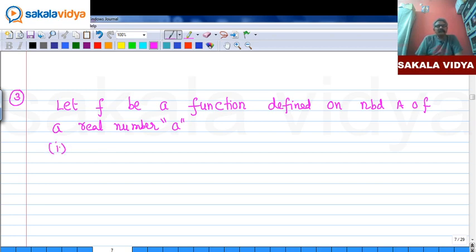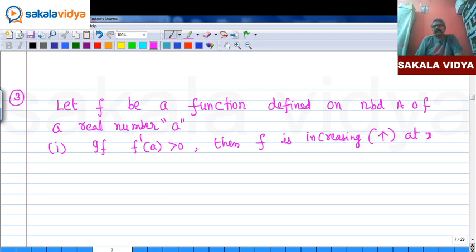In that, first point, suppose f dash a, the derivative at a, is greater than 0, then f is increasing at x equal to a.